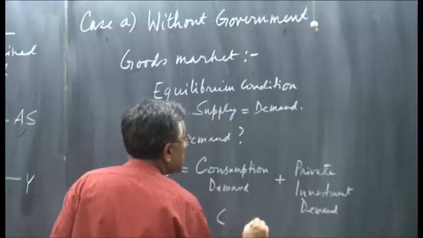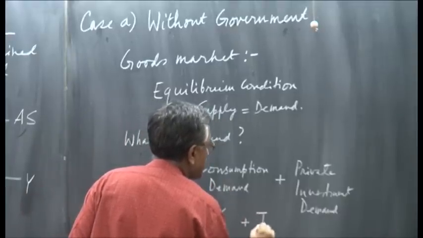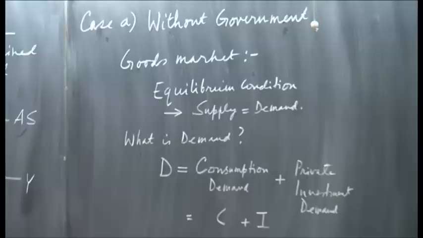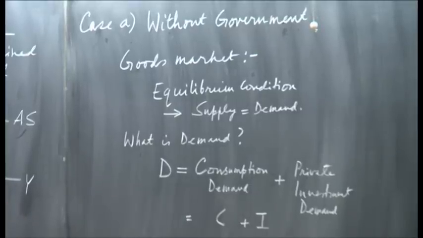Let's call that C plus I. These two notations we would use. You have seen these notations earlier. C is for consumption demand, which is essentially the total expenditures incurred on consumer goods, plus investment demand is the total expenditures incurred on investment goods, that measure investment demand.